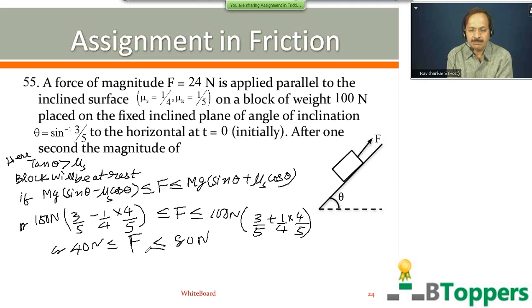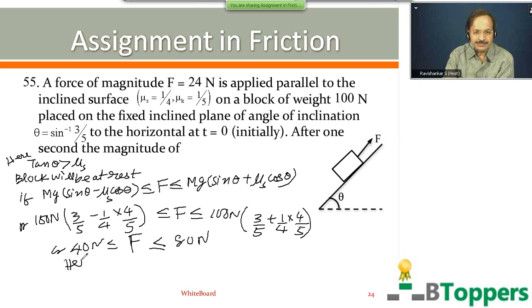That means the block begins to move up along the inclined plane with an acceleration if the force is more than 80 Newton. The minimum magnitude of the force to be applied parallel to the inclined surface to prevent the block from sliding down the inclined plane is 40 Newton. The block will remain at rest for any magnitude of force 40 Newton or more, but less than or equal to 80 Newton. If the force applied on the block is less than 40 Newton, then it begins to slide down the inclined plane.